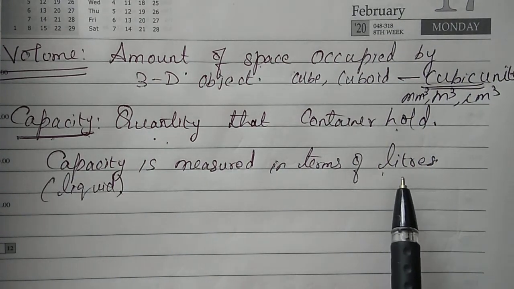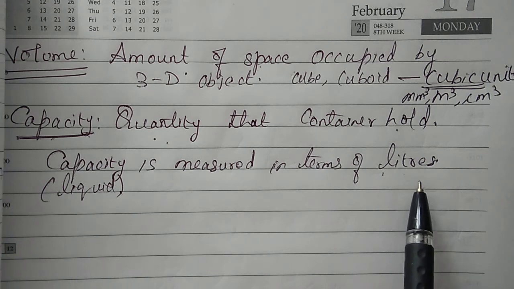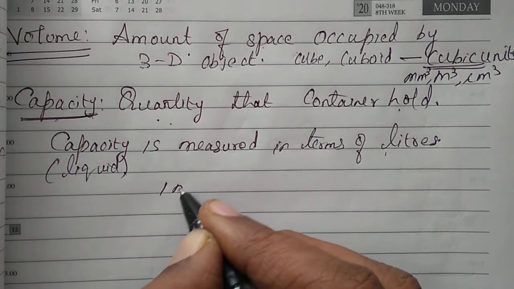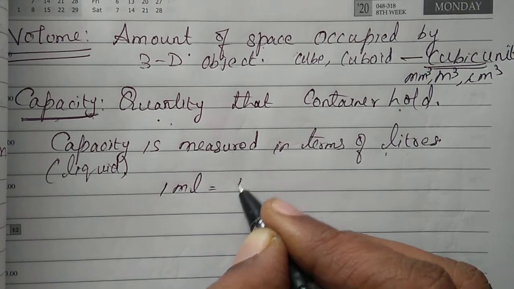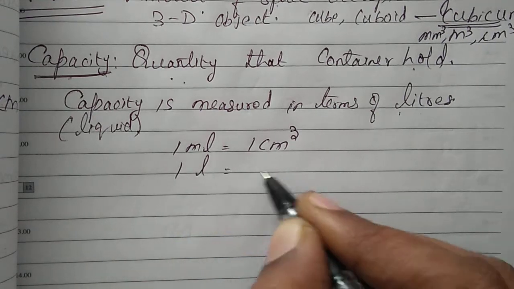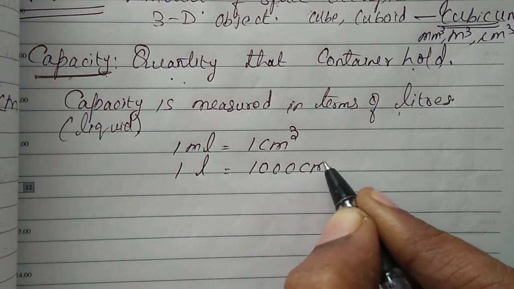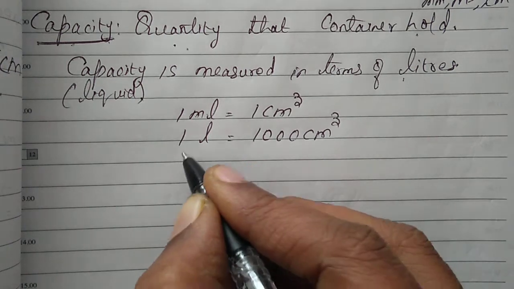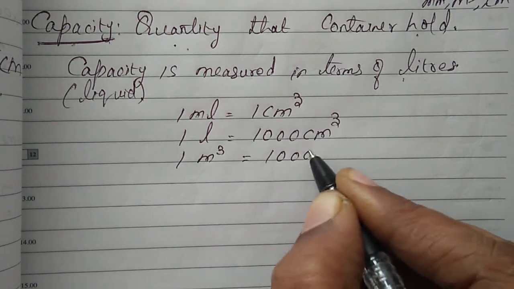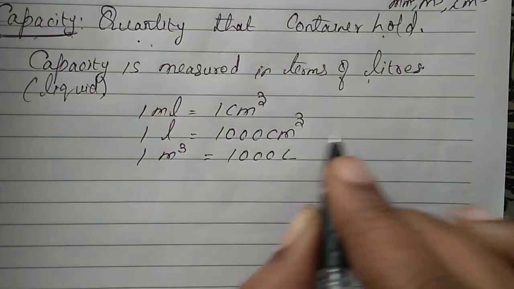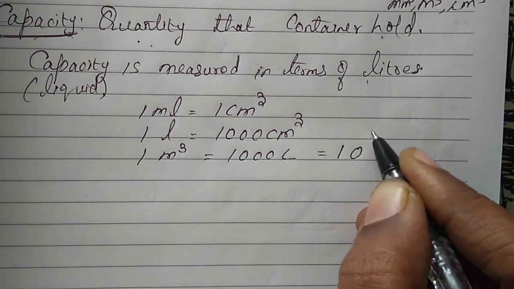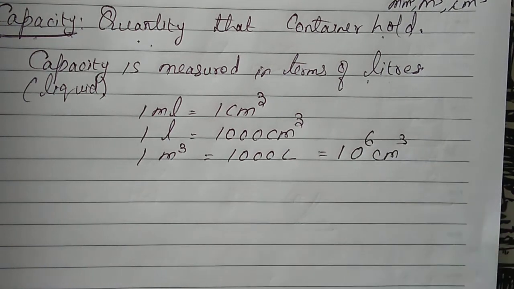So in this, the relation between liters and meter: 1 milliliter means 1 centimeter cube, and 1 liter means 1000 centimeter cube, or 1 meter cube is 1000 liters, or even we can say 1 followed by 10 to the power of 6 centimeter cube.